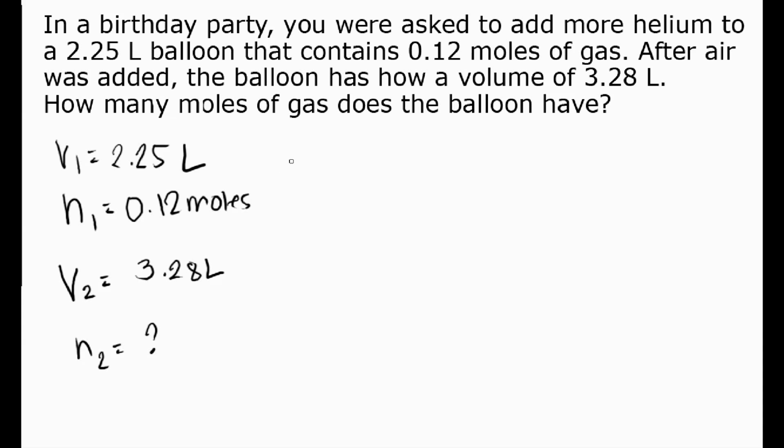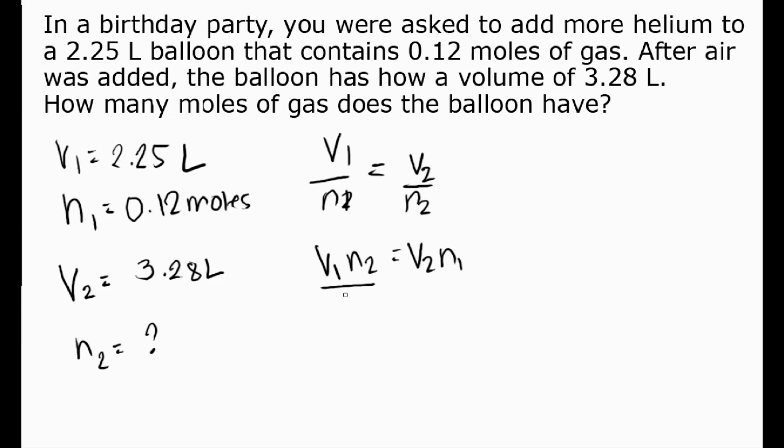Therefore, we must use Avogadro's law to relate the moles and volume with the formula V1 over n1 is equal to V2 over n2, and manipulating it in order to obtain the number of moles. So V1 times n2 is equal to V2 times n1. Divide both sides by V1. Cancel, and you are now left with n2 is equal to V2 times n1 all over V1.